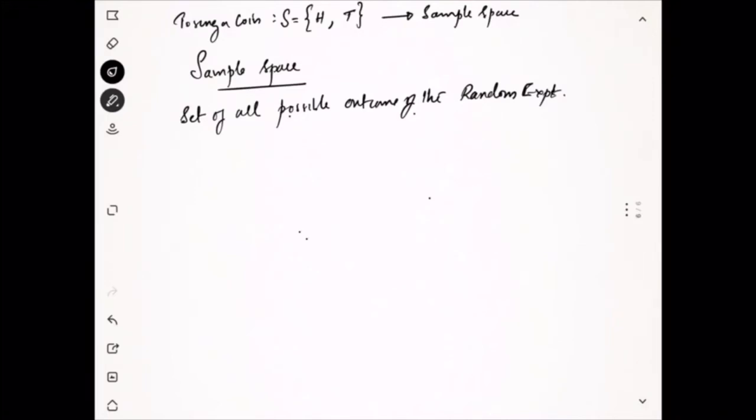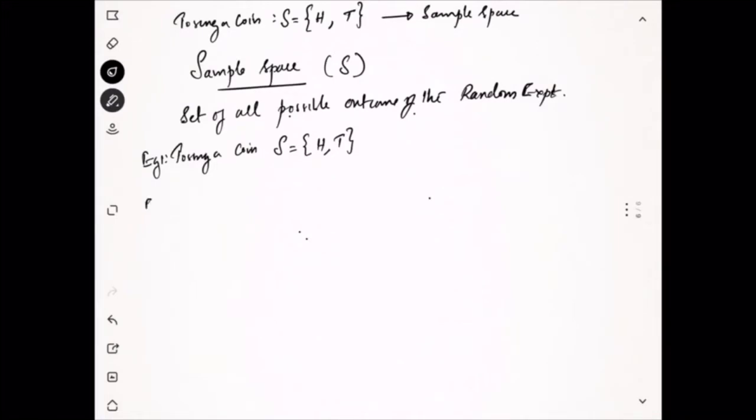So in the first example, tossing a coin, we have the sample space. Either we may get head or we may get tail, and we are using curly brackets to represent it, and we are using the notation S to represent the sample space. Usually we will be using the notation S for representing the sample space.